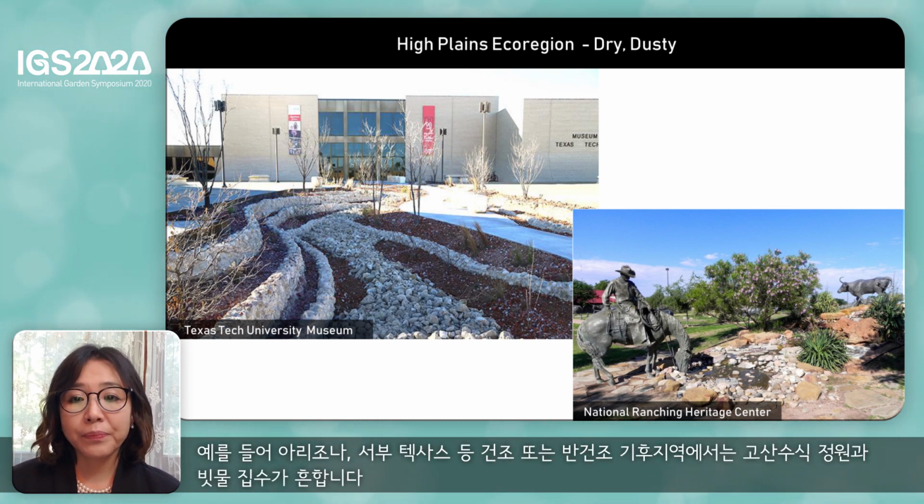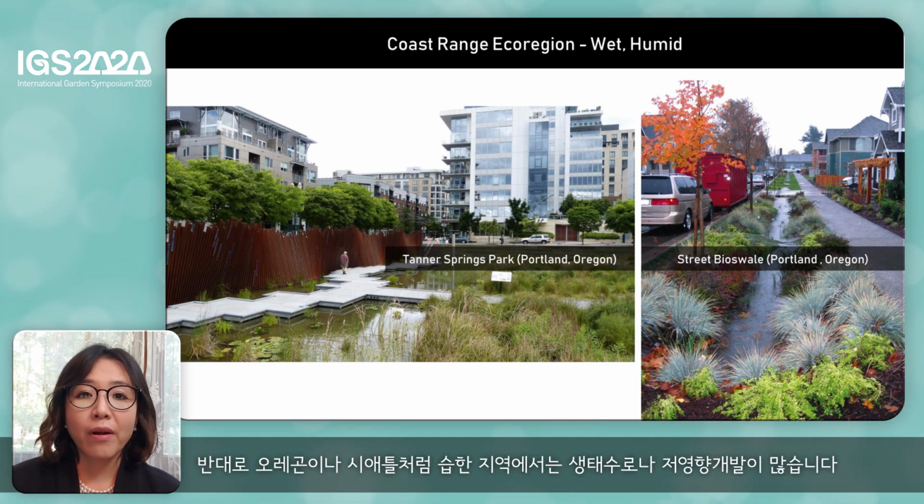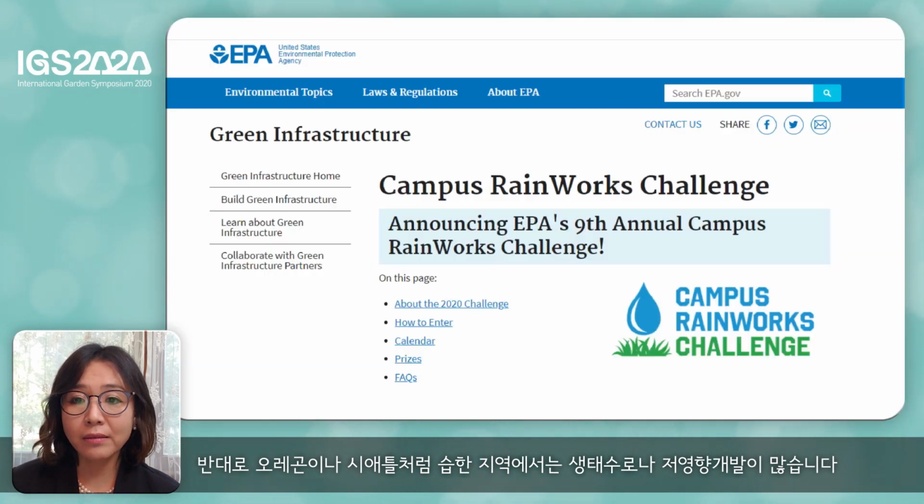For example, in arid or semi-arid areas such as Arizona and Western Texas, dry rock gardens and rainwater harvesting features are prevalent. Whereas in wet regions such as Oregon or Seattle, you can see many bioswales and low-impact development cases.